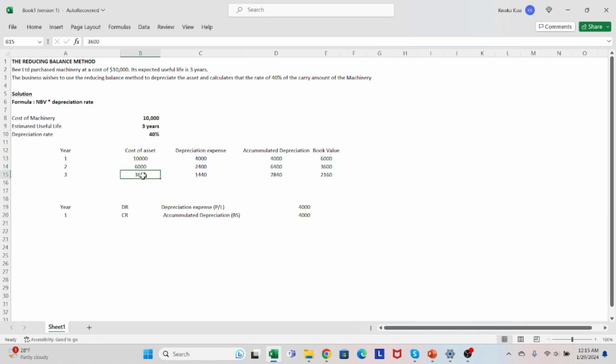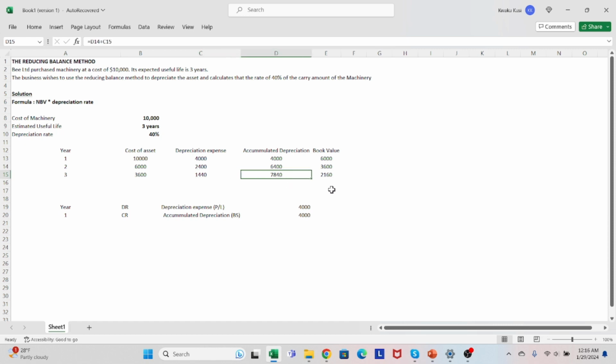So at the third year, we will have the net book value to be 3,600, and then we calculate 40%, which is 1,440, and the accumulated depreciation will be 7,840. And this is because we will add the accumulated depreciation for the second year, which is 6,400, and then the depreciation expense of 1,440, and it will give us 7,840.